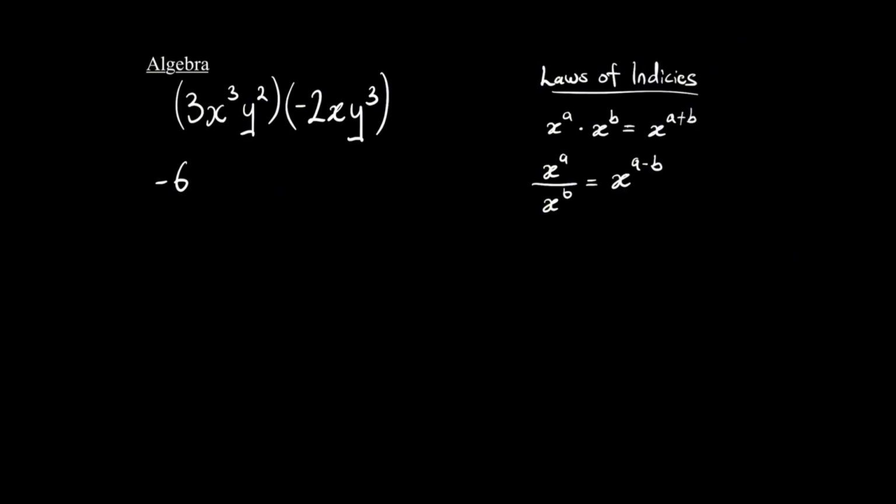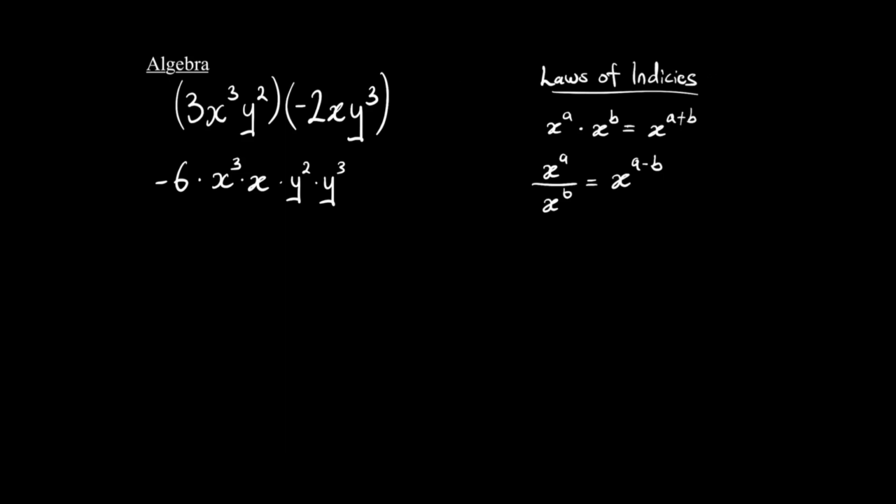If it is greater than 1, then we write the number. But if it's just 1, we do not write the number. So that's just the same as saying negative 6 multiplied by x cubed multiplied by x multiplied by y squared multiplied by y cubed.